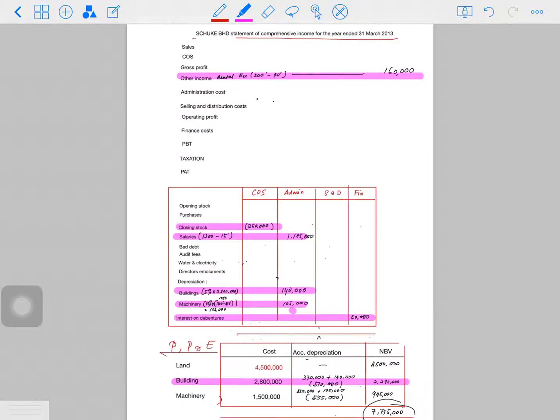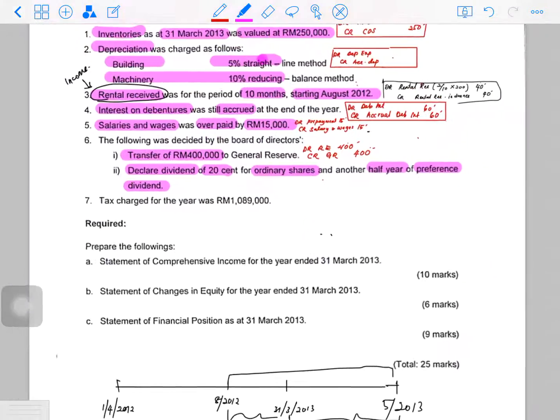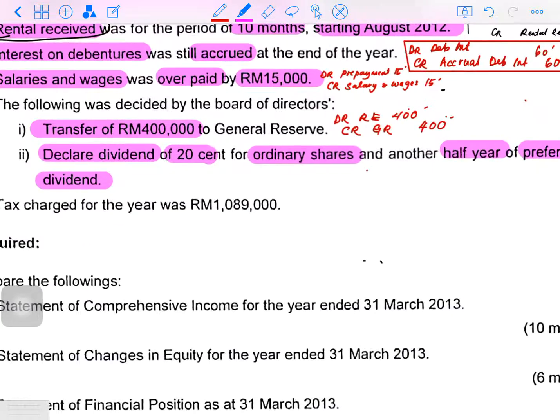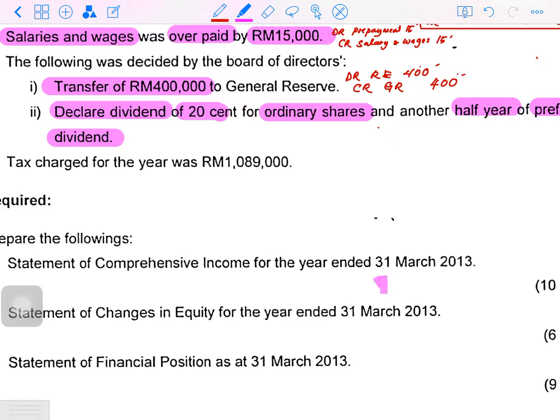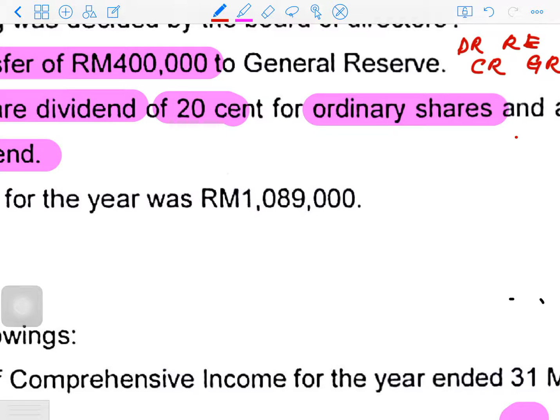So your double entry for dividend: you have to calculate 5 million ordinary shares times 20 cents per share. So the dividend will be $1 million.